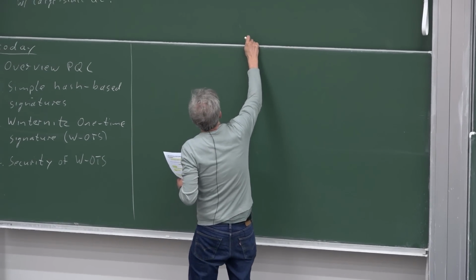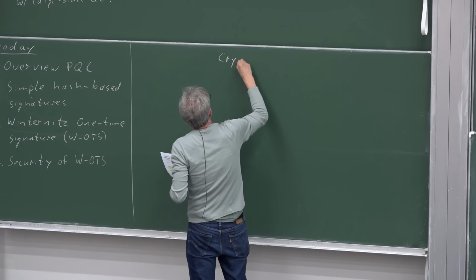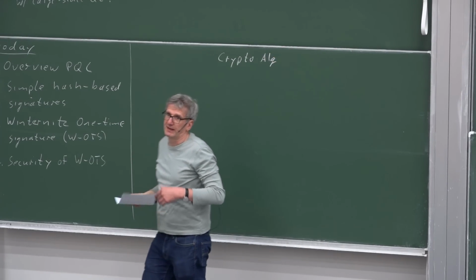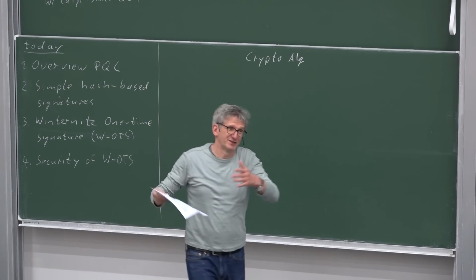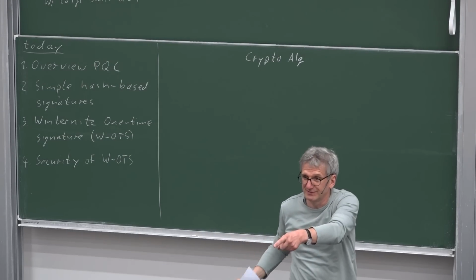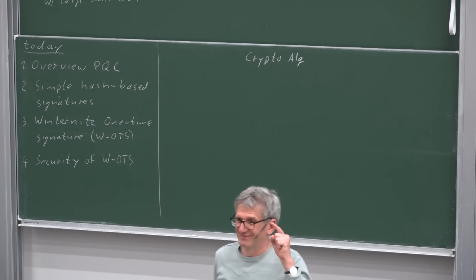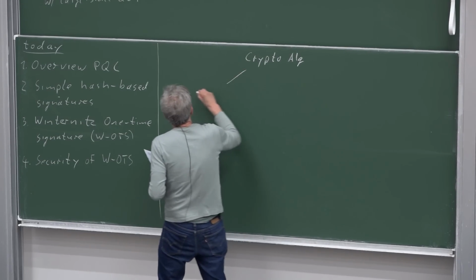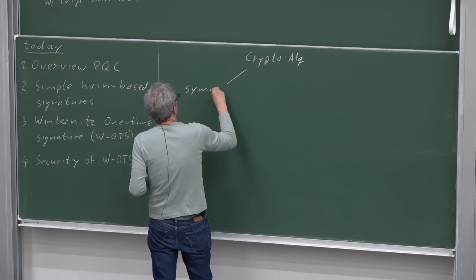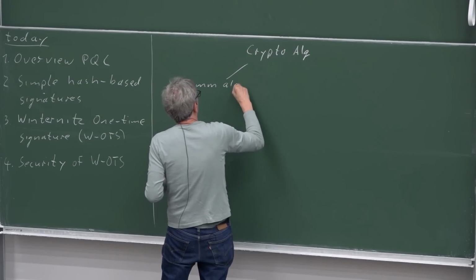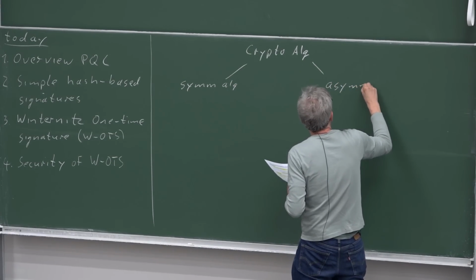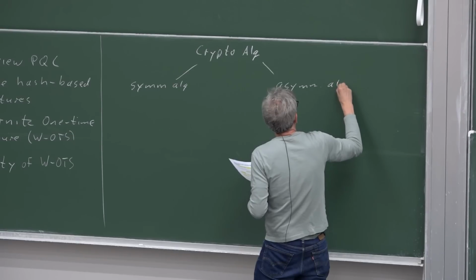As you know, when we look at crypto algorithms, they come in two flavors. What are the two big families of crypto algorithms? The symmetric and asymmetric. Excellent. We have symmetric algorithms and asymmetric algorithms.